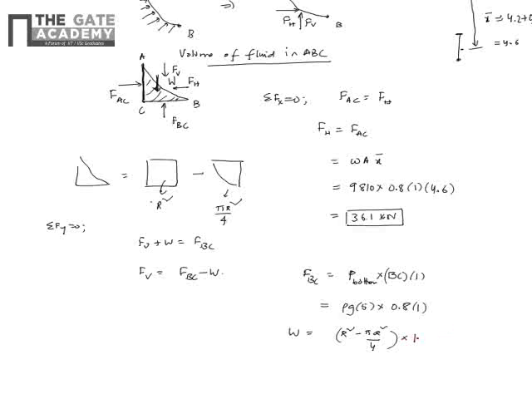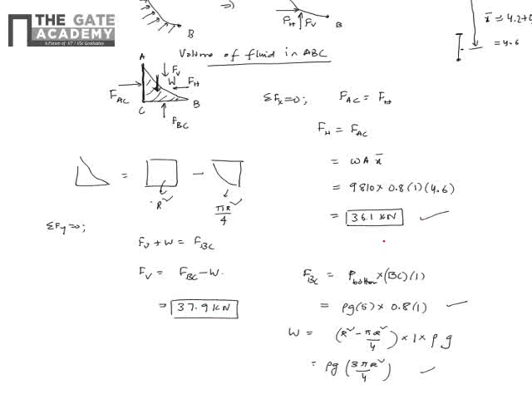So this is the volume. Volume into density is mass, mass into g is weight. So this is how I get rho g times (1 minus pi by 4) R square as the weight. So when I substitute this into FBC minus W, I get a value of 37.9 kilonewtons.